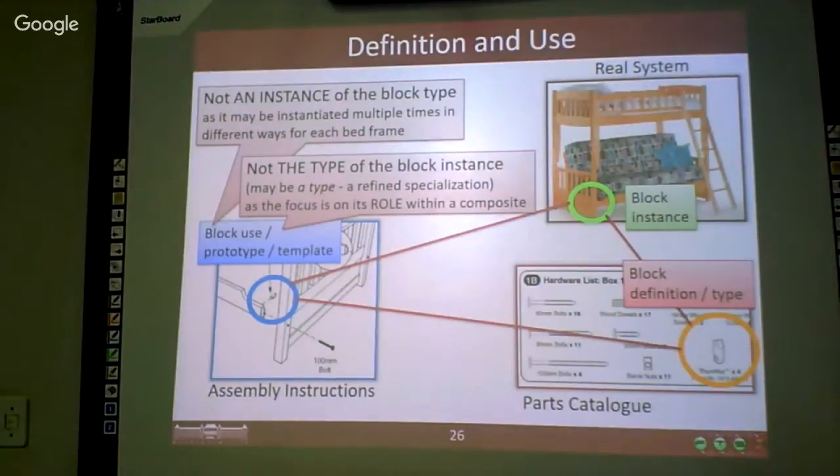So here, at the assembly instructions, we defined the role of the blocks in some composition. And this is how you can build a system with the help of all these blocks and elements.